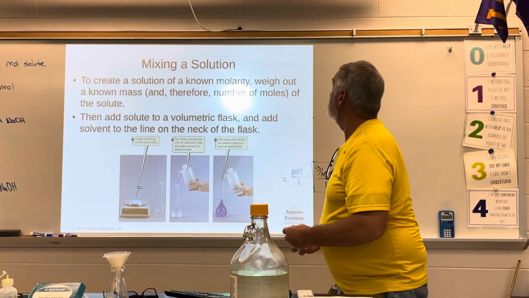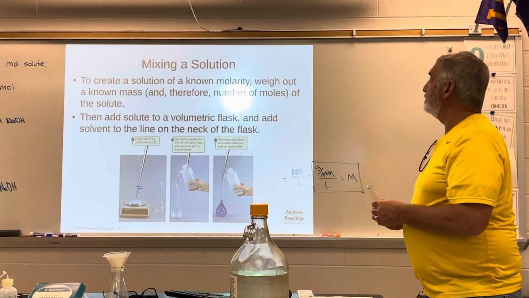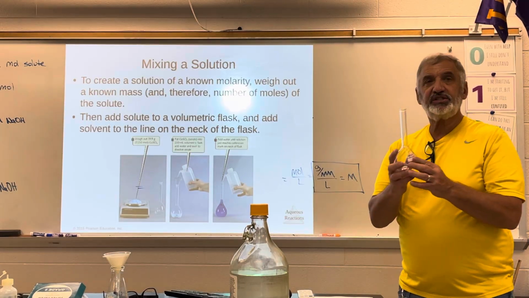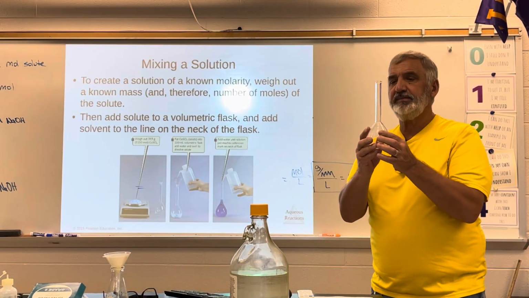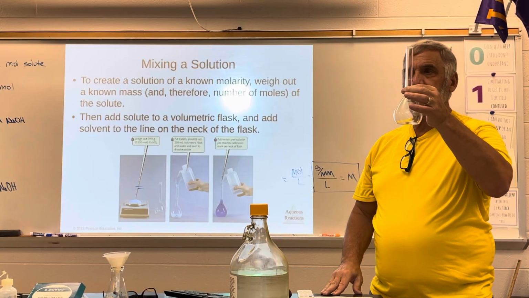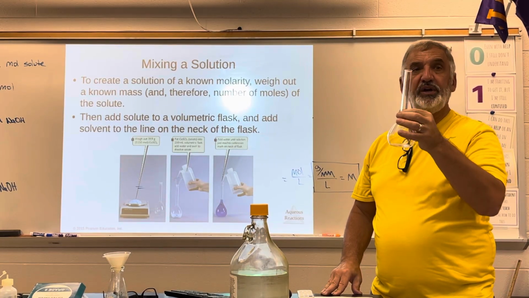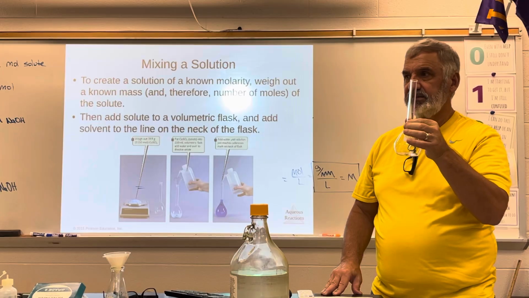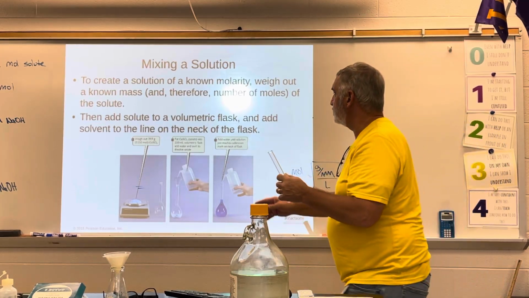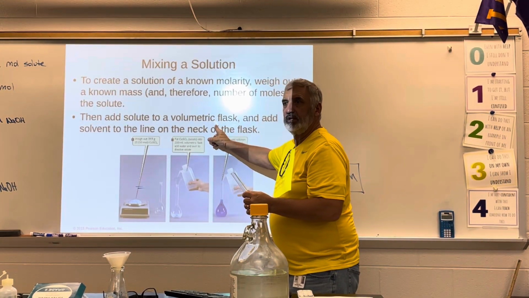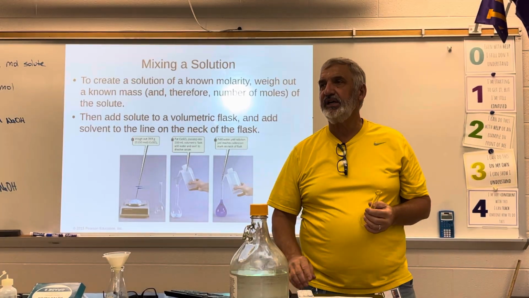To create a solution of a known molarity, so let's just say this time we want to make 250 milliliters of a solution of known molarity. We're going to use a volumetric flask. What does the name tell you it does?